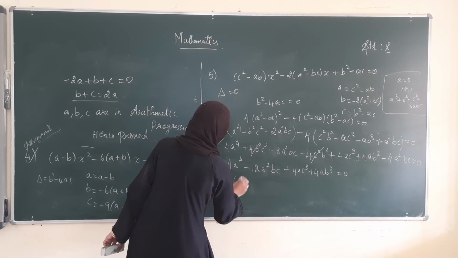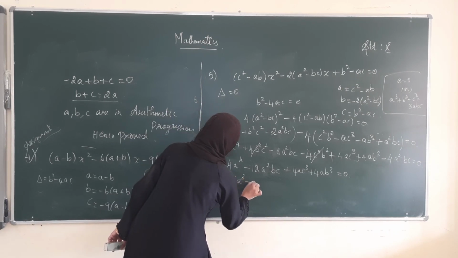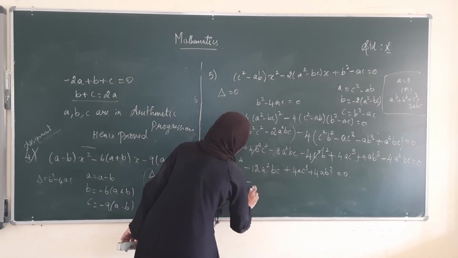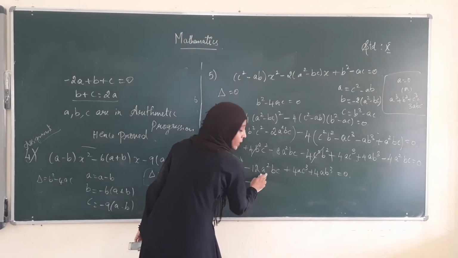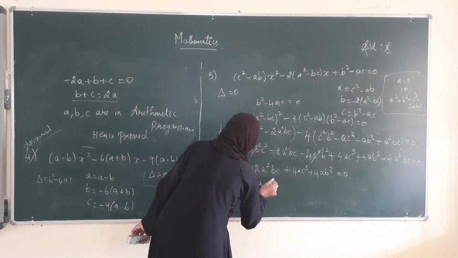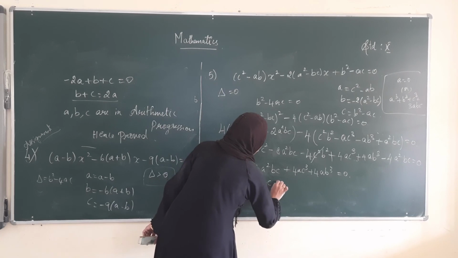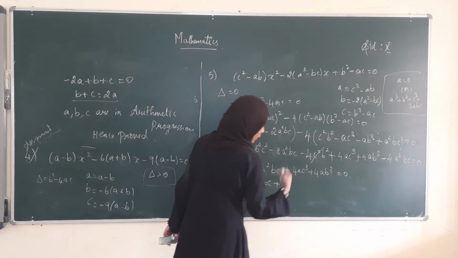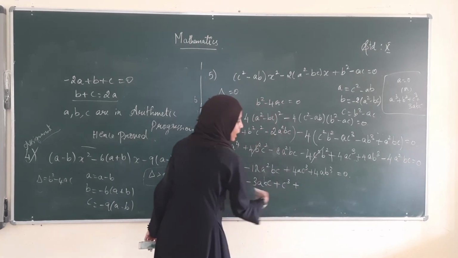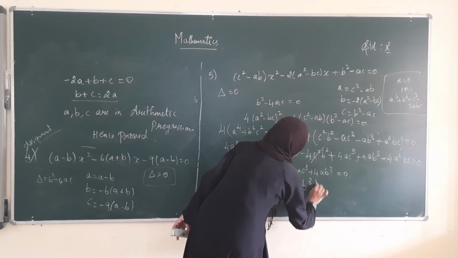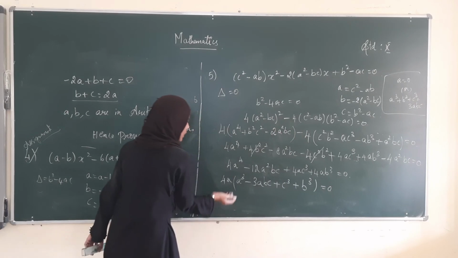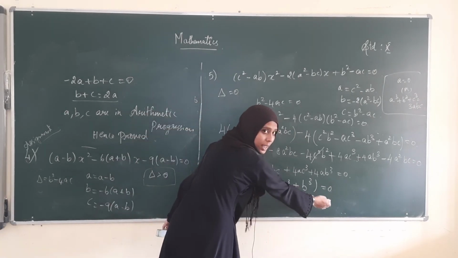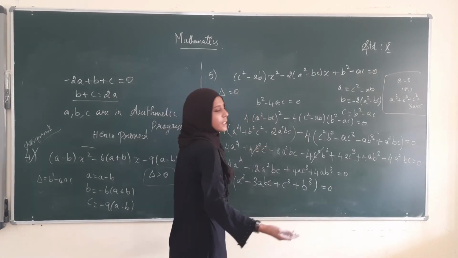Then what we get? Here we have a cube minus 3abc, since we take a outside we get only one bc. Again we took 4a outside, here we have c cube plus b cube, equal to 0. This 4a comes as denominator, and 0 by anything is 0.